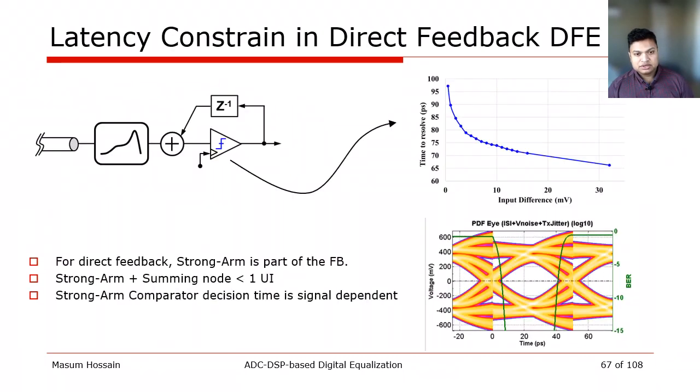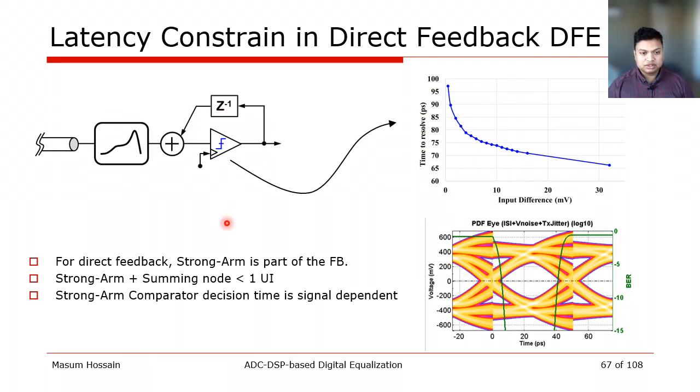Now we shift our focus to the decision feedback equalization. The core concept of DFE is already discussed previously. Here we will see one implementation limitation. The decision created at the comparator output goes back to subtract its ISI.